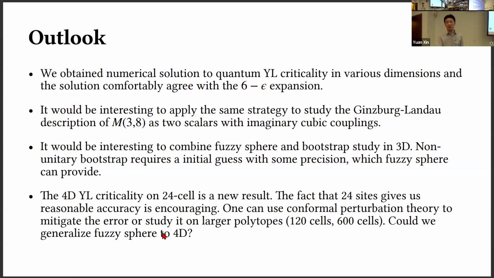It will also be interesting to study 4 dimensions, which is an interesting, strongly interacting CFT. And there are larger polytopes we can try to study to get better accuracy. Thank you very much.